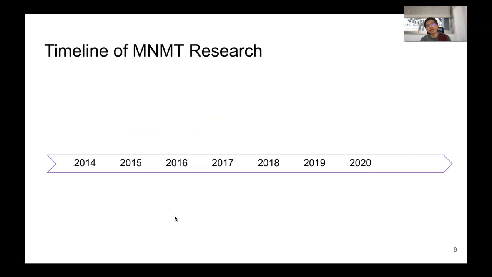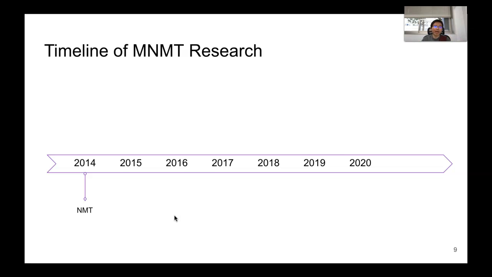As I have mentioned, MLMT research is a very active research field. And here I tried to draw a very simple timeline about how MLMT research has made progress until now. So if you are an NLP researcher or a machine translation researcher, you know that the MLMT boom starts from 2014, right?